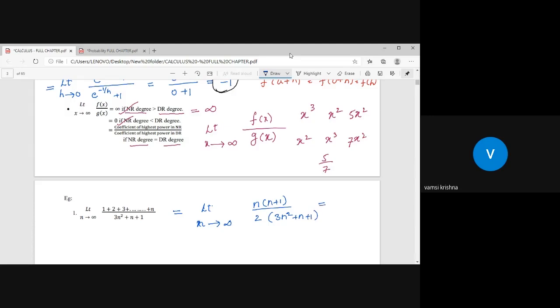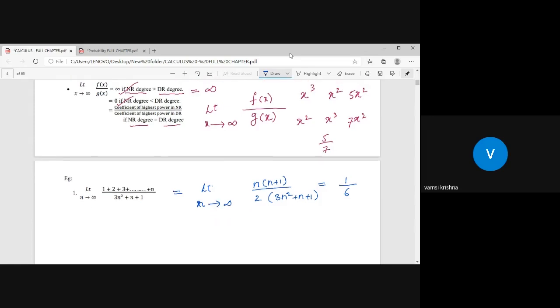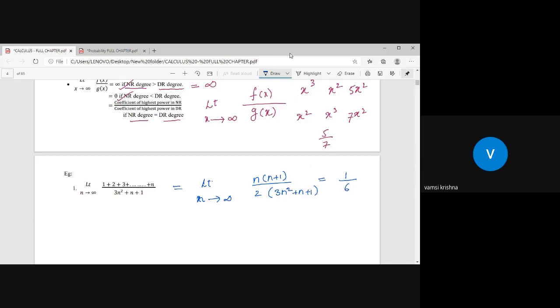So what do you say? Here you have n square, here you have n square. So numerator n square coefficient is 1 by 2 and denominator n square coefficient is 3. Or you can simply say like this: numerator n square coefficient 1, denominator 2 into 3, which is 6. 1 by 6 is the answer. That is the shortcut way.